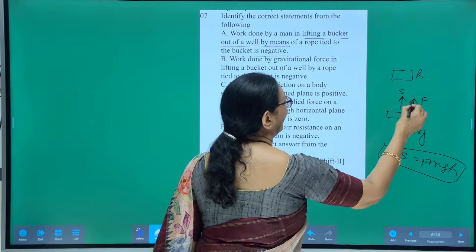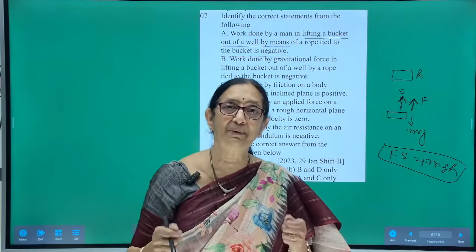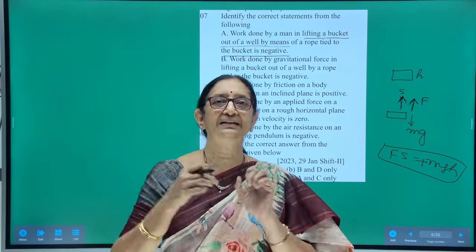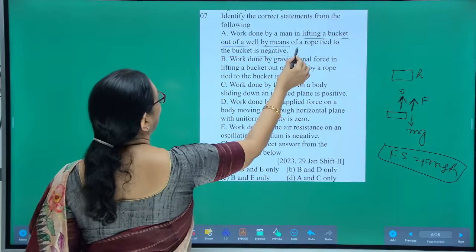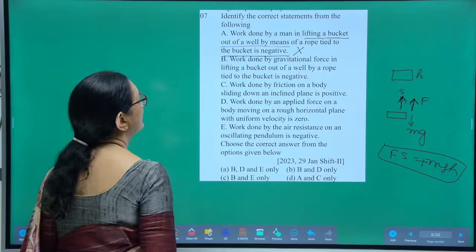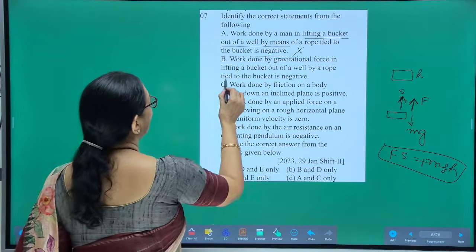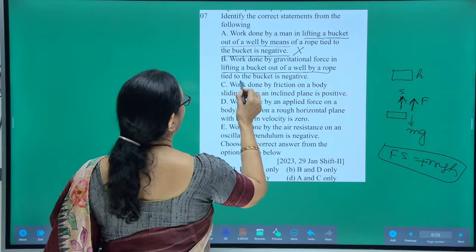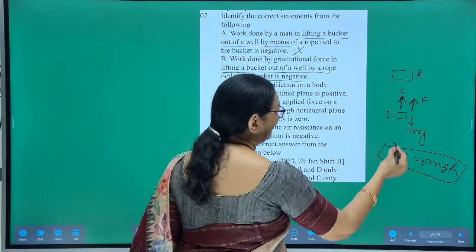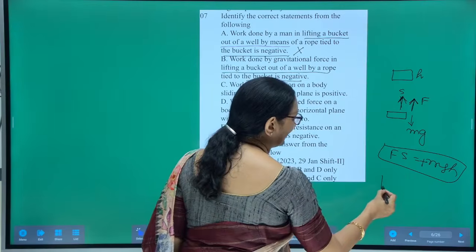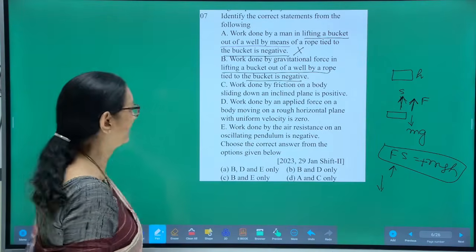As applied force and displacement are in the same direction, work done by the man in lifting the bucket is positive. So, what is given here? It is given as negative. So, statement 1 is wrong. Work done by gravitational force in lifting the bucket is negative. That is perfect, because gravitational force is acting in the downward direction, and displacement is in the upward direction.